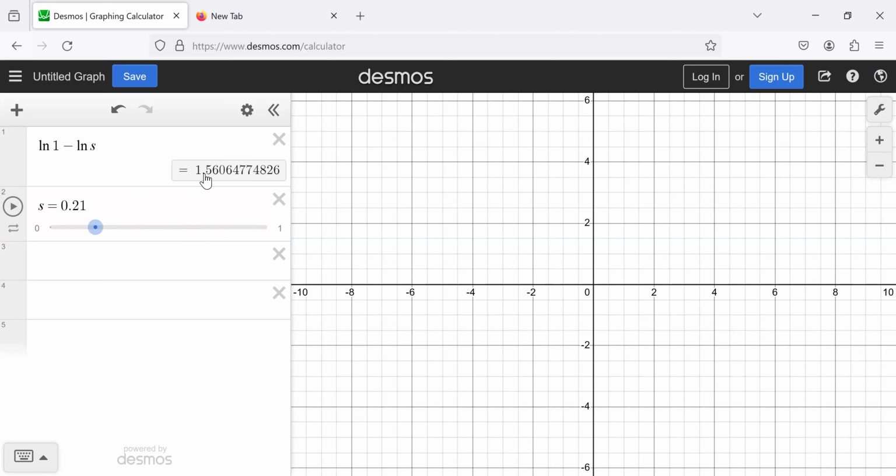To be clear, there's nothing in the graph. I'm looking at this number up here, which is telling you what this subtraction is. And it's just going up. And it may not look like it's going up super fast, but it's gone up from 0.8 to 1 to 2 to 3 to 4.